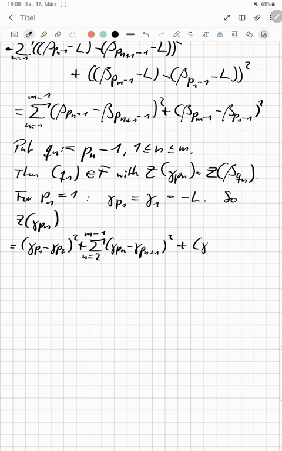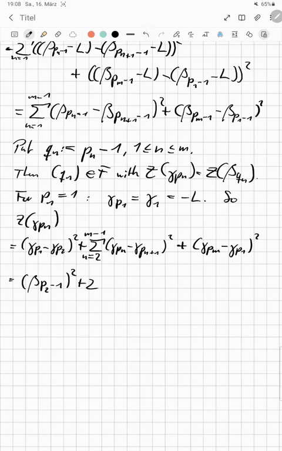And then we still have our cyclical sum at the very end, so gamma Pm minus gamma P1 squared. Now this is the same as beta P2 minus 1 squared, because we here have just the minus L, and here there's also one in there, and that will cancel out.